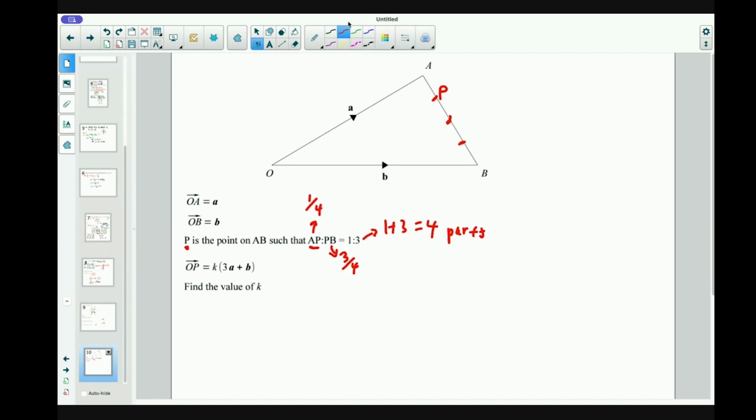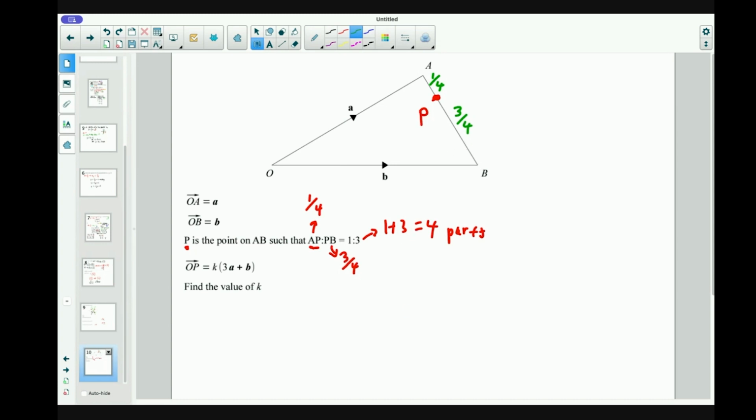Okay. So in this case, maybe I'll relabel this a little bit neater. So this is going to be point P right here. And we can say that this is going to be 1/4 of the way. And over here is going to be 3/4 of the way.